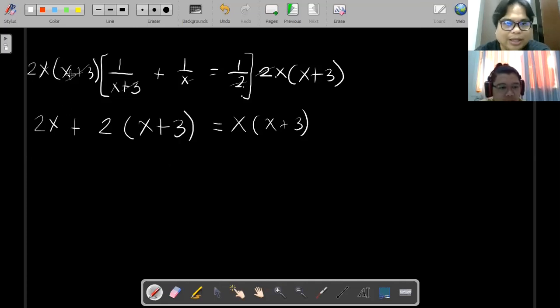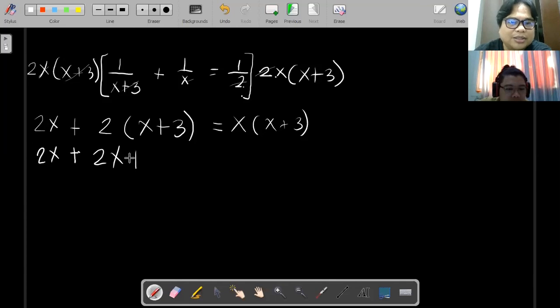Understood. Okay, and then after that, the process that's left to do is we need to distribute now. We will now do the simplification. So again, you have a parenthesis here, you distribute the 2 from the outside. So 2 times x, that's 2x. 2 times 3, that's 6. So that's plus 6 equals x times x.